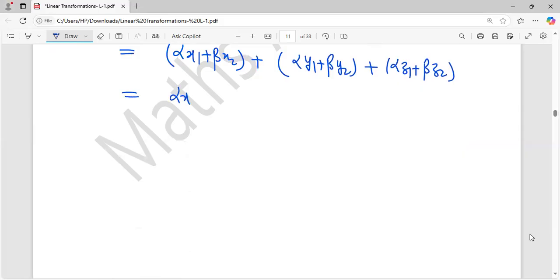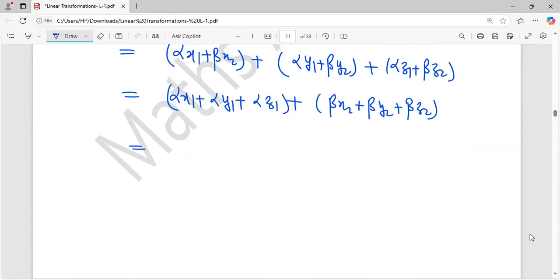So write this as alpha x1 plus alpha y1 plus alpha z1 plus beta x2 plus beta y2 plus beta z2. What is it? This is alpha (x1 + y1 + z1) plus beta (x2 + y2 + z2). So what is this?